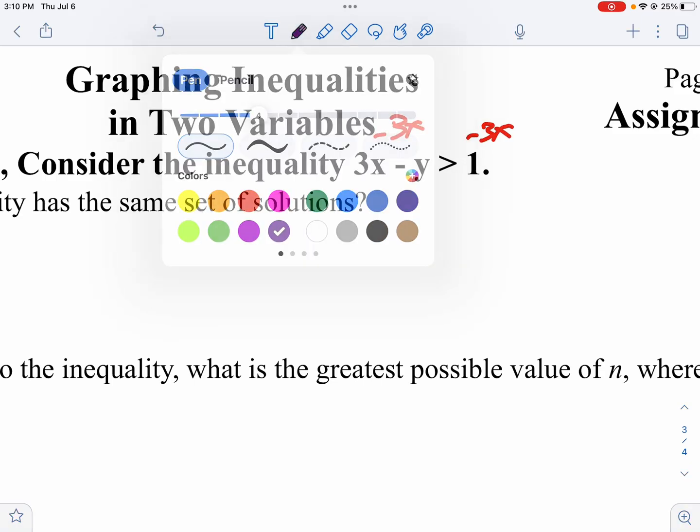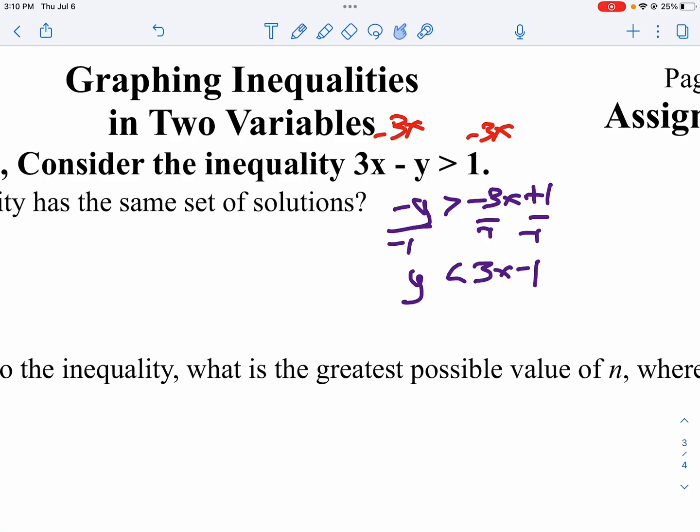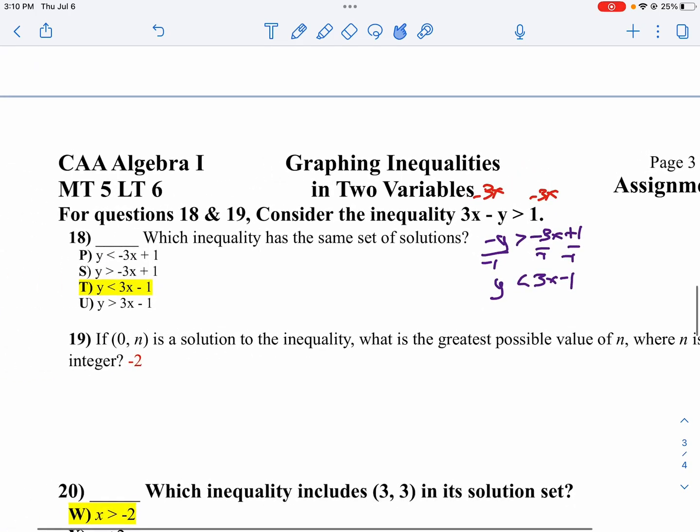So then we'll get negative y is greater than negative 3x plus 1. I don't want the negative, so I'm going to divide everything by negative 1, which means I flip my signs. So y is less than 3x minus 1. And there we have point T.